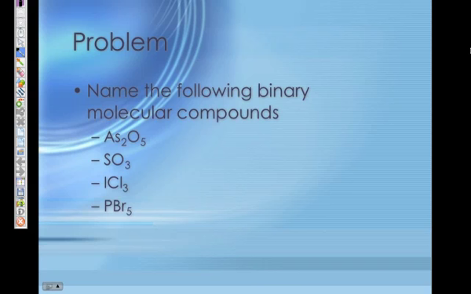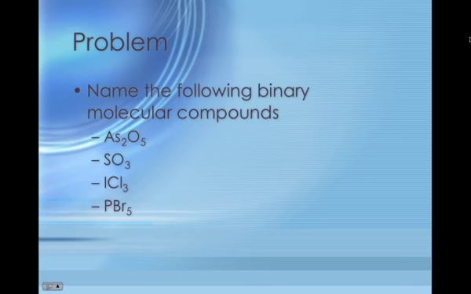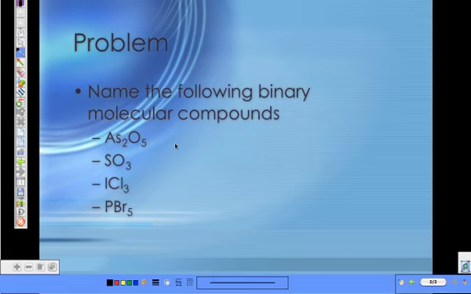Diarsenic, I would agree, because there's 2 arsenic. And then what's the prefix for 5? So pentoxide. It's penta, but oxygen starts with an O, a vowel, so we're going to drop the A and just put pentoxide.